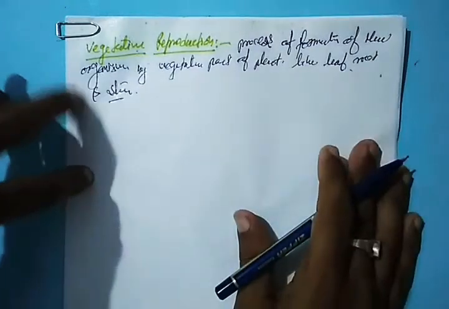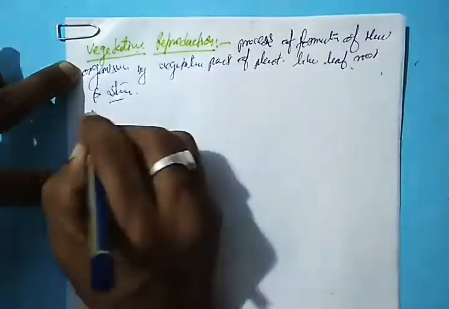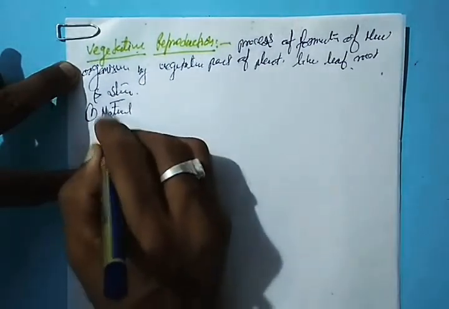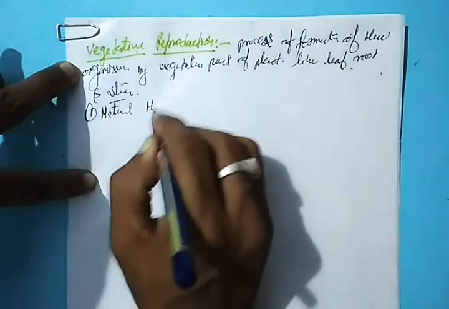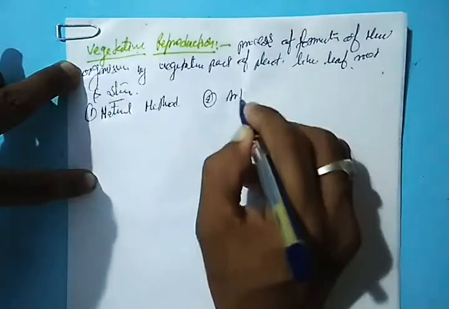Okay, vegetative reproduction is basically of two types. First is the natural method, and second is the artificial method.